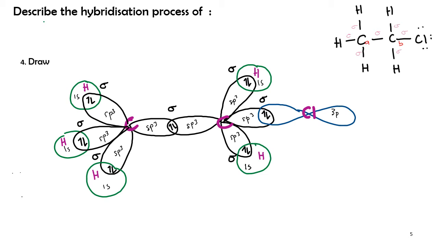And for the drawing, make sure you start from the central atom first. We always start from the central, carbon A, and then you have carbon B here, and then you draw the hybrid orbitals, followed by the terminal atoms. And don't forget to label all the overlapping.